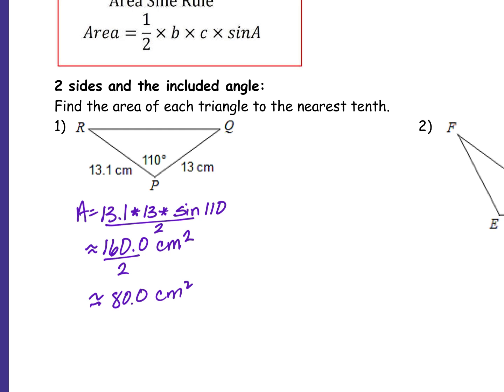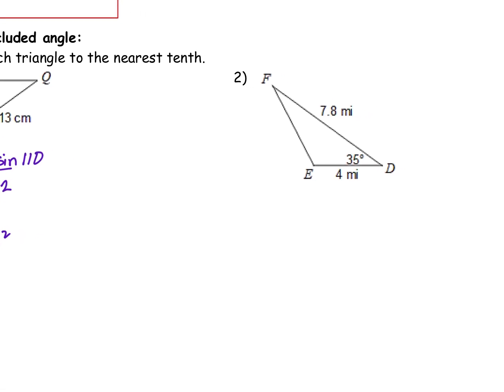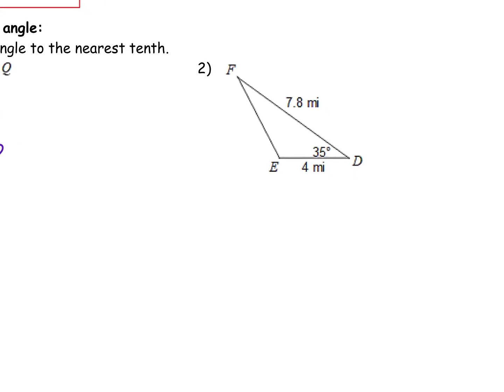So I'm going to take the whole thing and divide by 2. Same thing on the next one. I have my sides and I have my angle included. I'll try and do this one better. Area equals 1/2 times 7.8 times 4 times sine of 35. So it's approximately going to be equal to, I'm just going to do 0.5 times 7.8 times 4 times sine of 35.